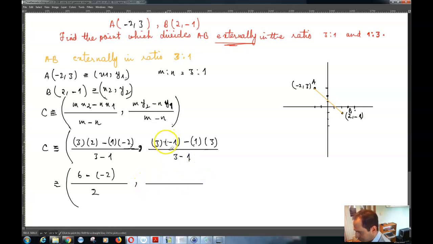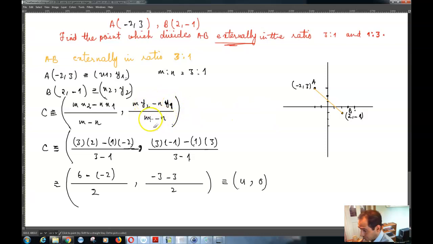So this is equal to basically negative 3 minus 3 over 2. So this is equal to 6 plus 2 divided by 2. So 8 divided by 2 is equal to 4, and this is 0. So you have 4, 0.